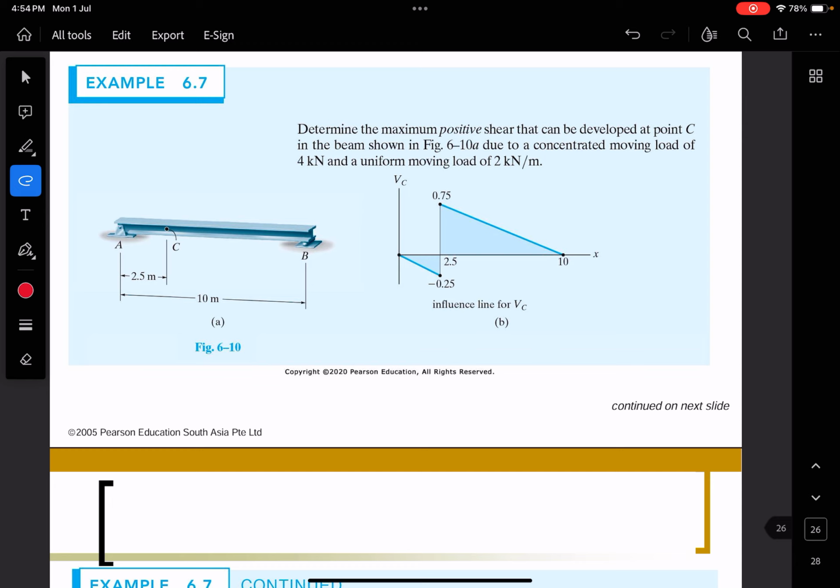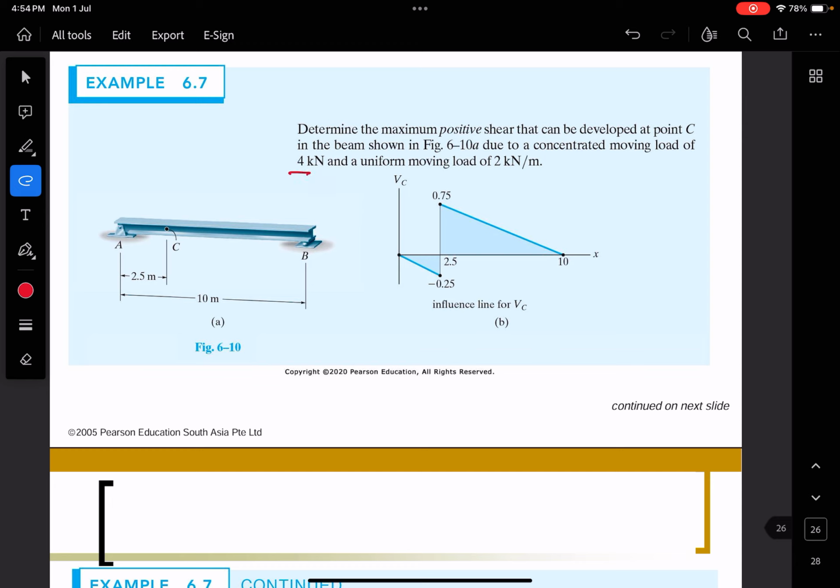So here, determine the maximum positive shear that can be developed at point C in the beam shown in this figure due to a concentrated moving load of 4 kilonewton and a uniform moving load of 2 kilonewton per meter.